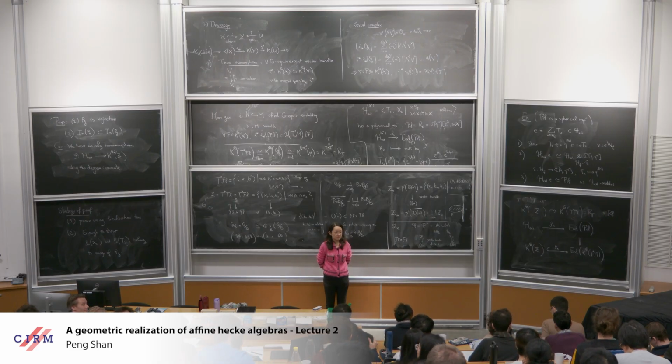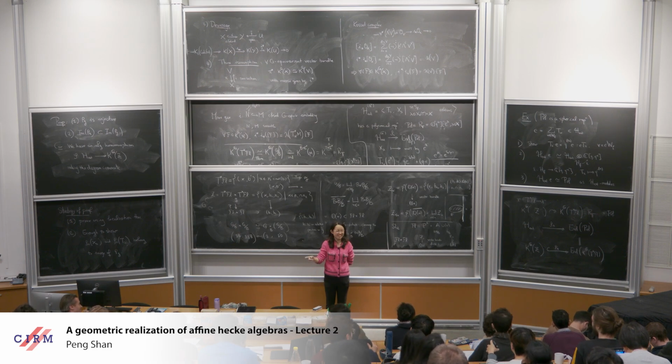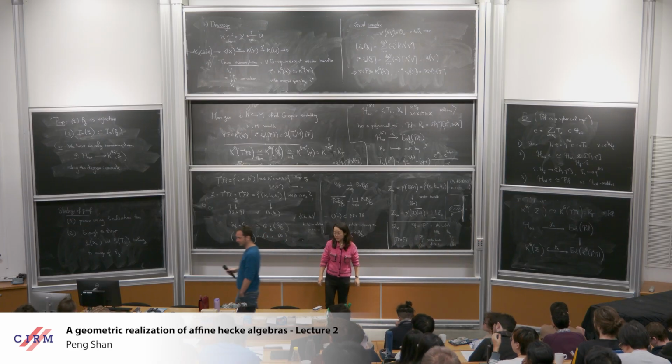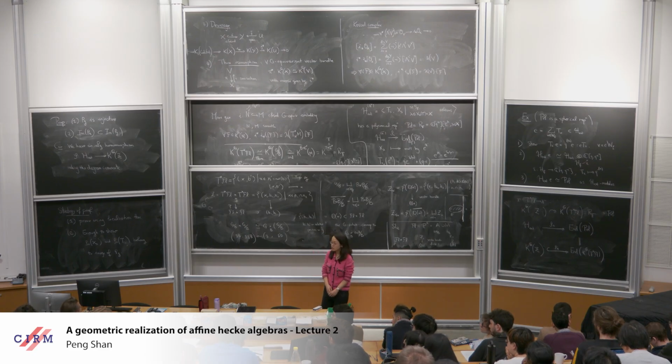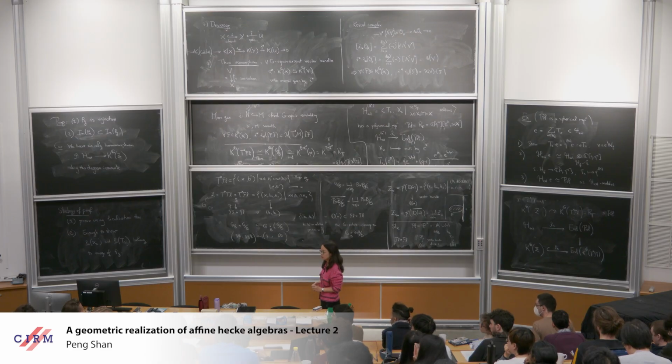Other questions? So I have a question about the polynomial representation. Is there a nice interpretation of it in terms of a p-adic reductive group when you specialize q to a prime power?